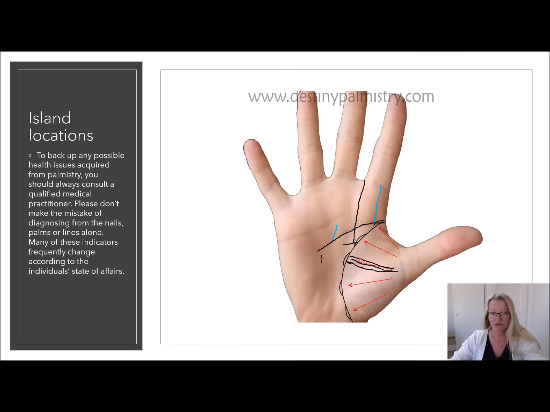Again, look for clues on the fate line to see what's happening. Is the fate line faded around the same age? And for around 35 to 40, we would be talking about where the fate line crosses the headline, which is around about the 35 to 40 age.